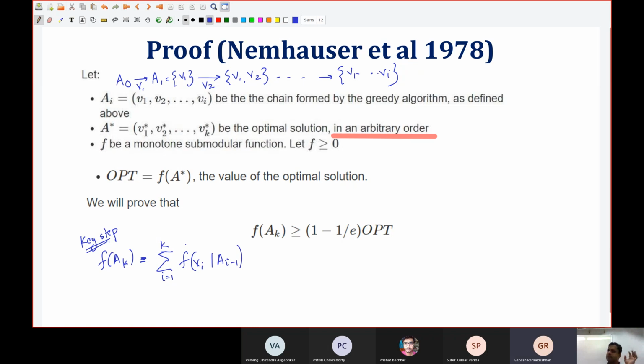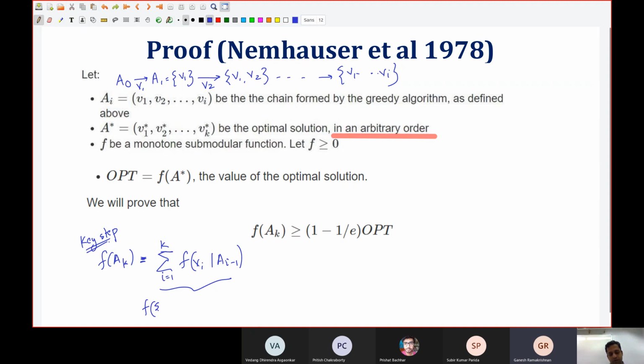Is this correct? Let me just expand this, right? So this is f of vk union v1 to vk minus 1, minus f of v1 to vk minus 1, right? So this is any term here, if you want, then expand.